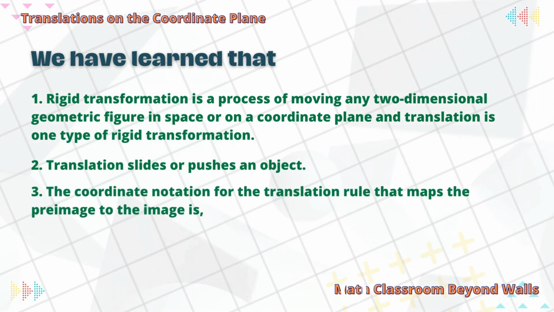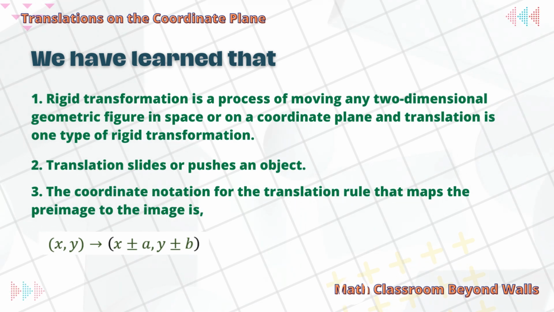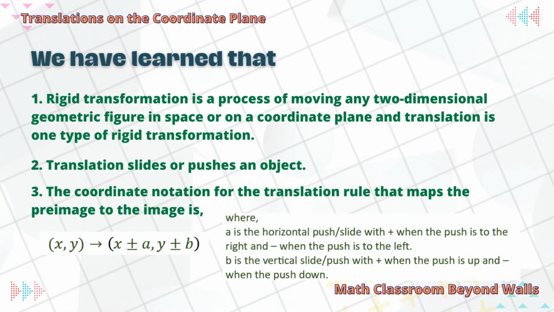Third, the coordinate notation for the translation rule that maps the preimage to the image is (x, y) on the preimage is mapped to (x plus or minus a, y plus or minus b) on the image, where a is the horizontal push or slide, with positive when the push is to the right and negative when the push is to the left. b is the vertical push or slide, with positive when the push is up and negative when the push is down.